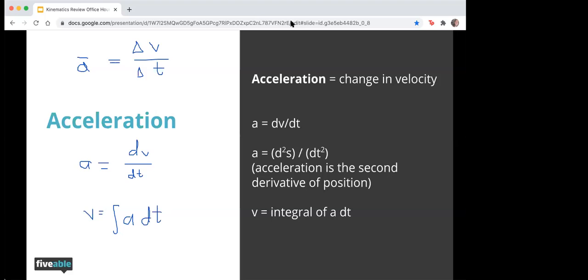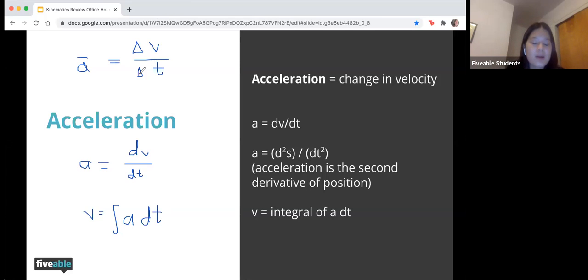Just a quick question about the notation for average things. Is it just that little line on top of the variable, or the symbolic representation? Yes. A big question for physics is how do we distinguish between instantaneous and average?